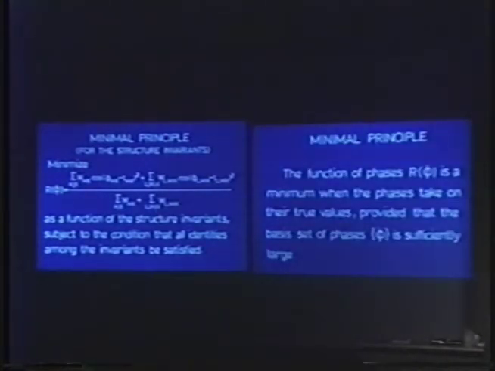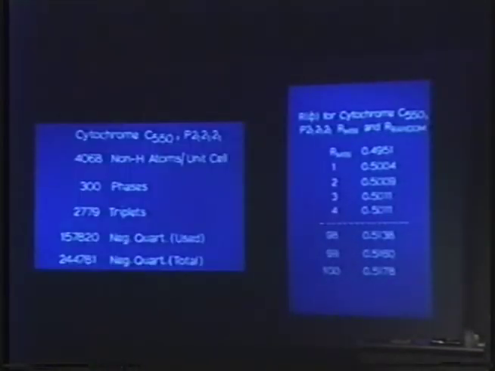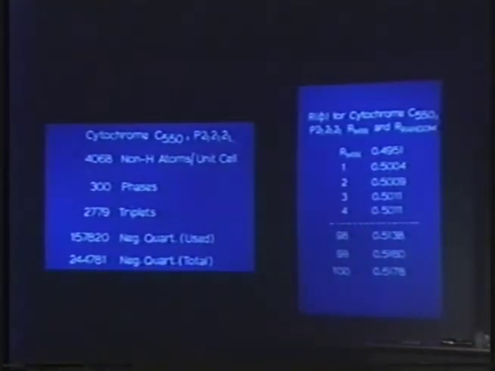Okay. Well, this is simply another statement. The function of phases R of phi is a minimum when the phases take on their true values, provided, of course, which I haven't emphasized before, that the basis set of phases is sufficiently large. I want to describe in the remaining minute that I have the application to cytochrome C550, which is a macromolecule that crystallizes in the orthorhombic space group.